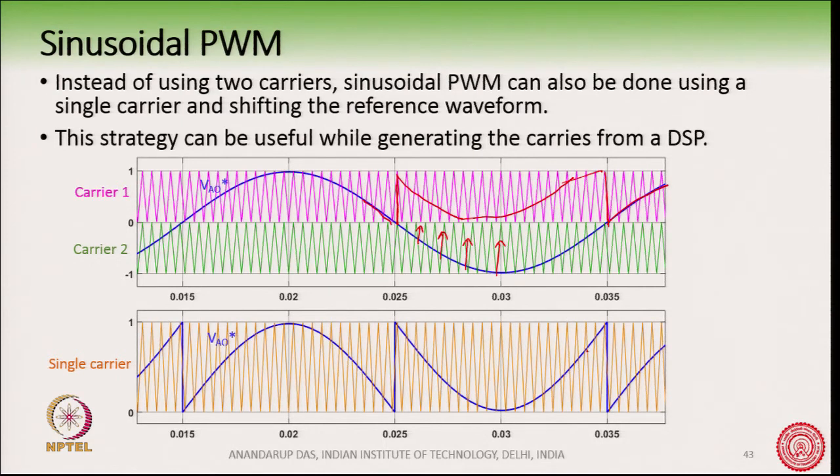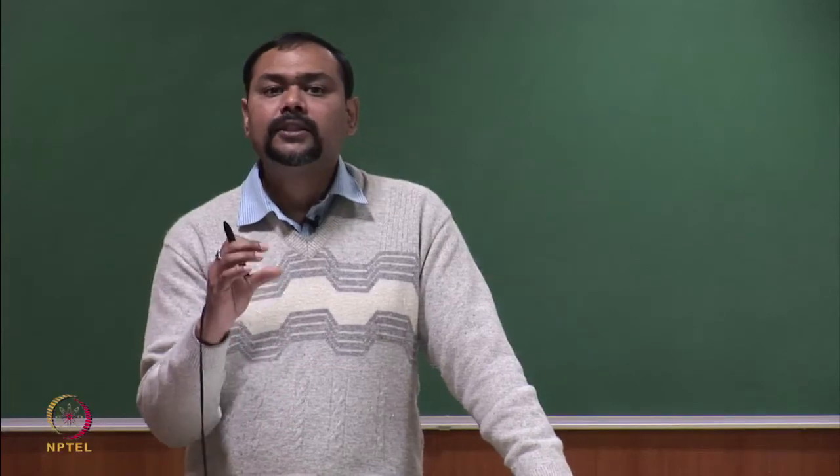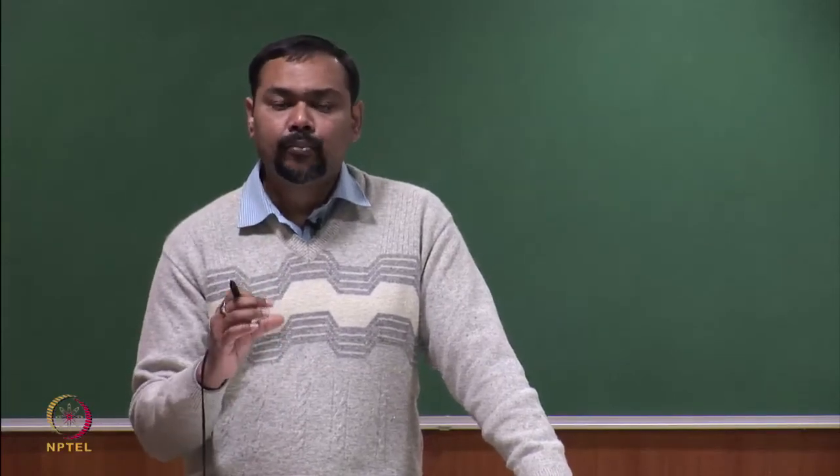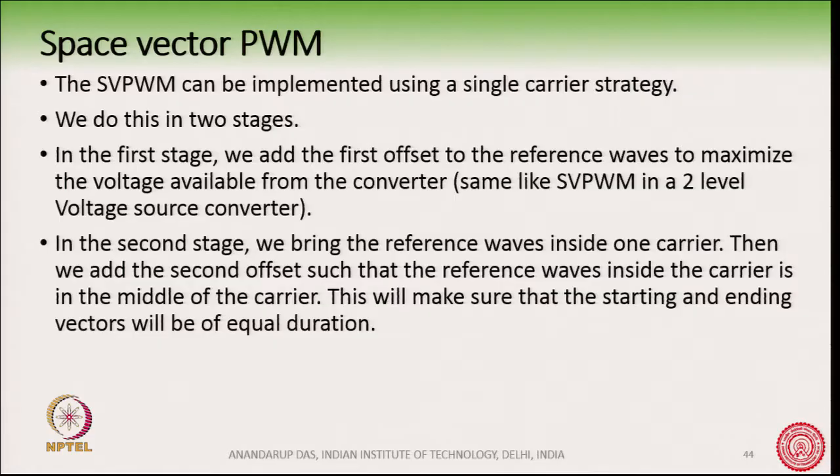This is the waveform after shifting. I shift the whole waveform upward inside one carrier, but I have to remember that I have shifted it. This is how sinusoidal PWM can also be implemented through a single carrier, where the reference waveform is shifted and brought inside one carrier.